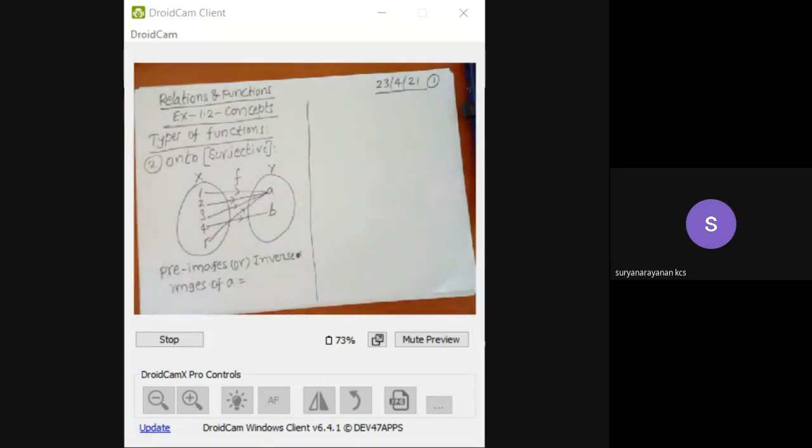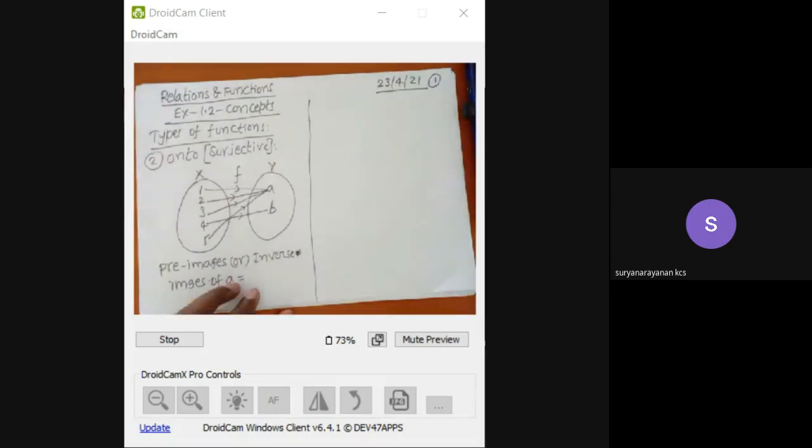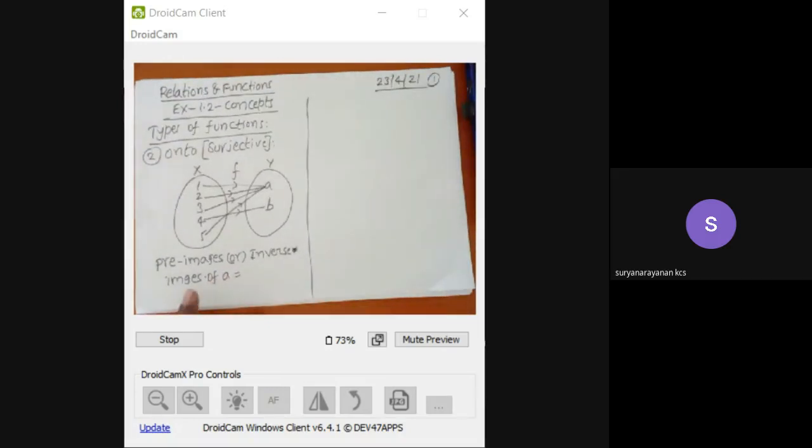Can you tell me, Pritika, what are the pre-images or inverse images of element A? Sir, 1, 2, 3, and 5.